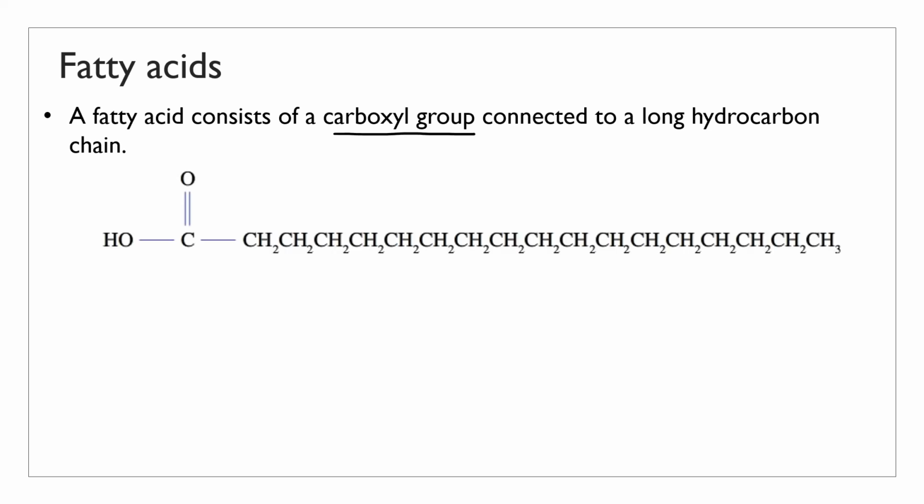I have an example of a fatty acid here that by no means you have to draw out, but you just want to appreciate the fact that the non-polar section is significantly larger than the carboxyl group in a fatty acid.